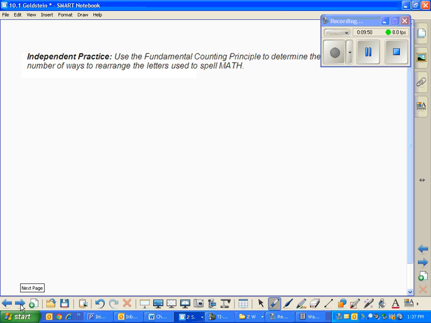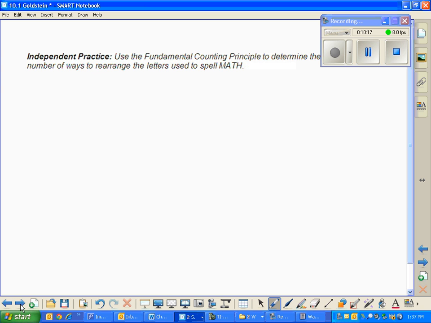All right, this is your little bit of independent practice here. It's related back to that first example we did with the word math. Now that we know this counting principle, let's use that to determine the number of ways to rearrange the letters in math. So think about the different events that are happening here. Remember I said there's a first event that we have to deal with, then there's a second, then there's a third, and then there's a fourth.